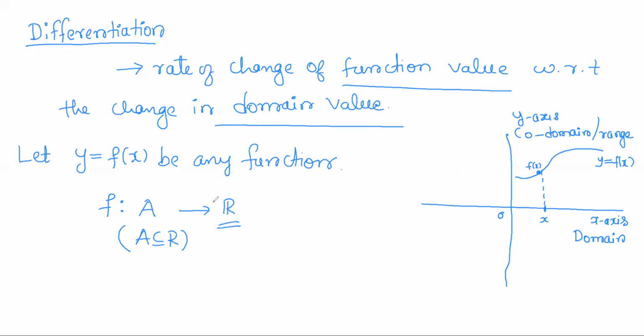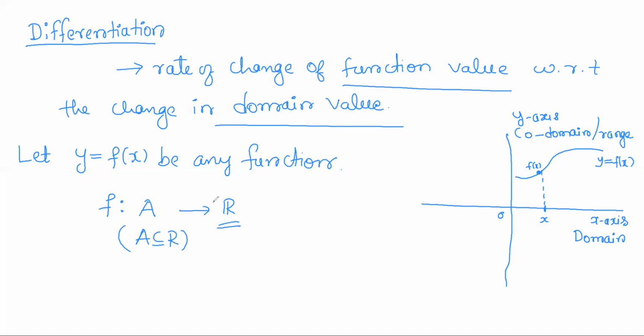Now, differentiation of f is nothing but, when you give a small change to a domain value, first, if you fix a domain point x, suppose give an increment value for x. So whatever change you gave to the value of x, corresponding to that, see the change in function value.